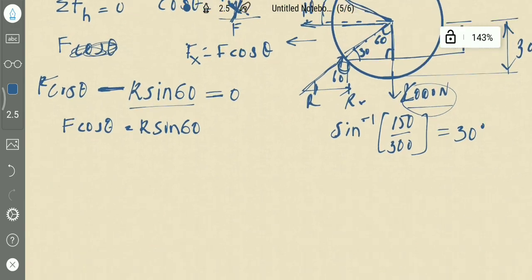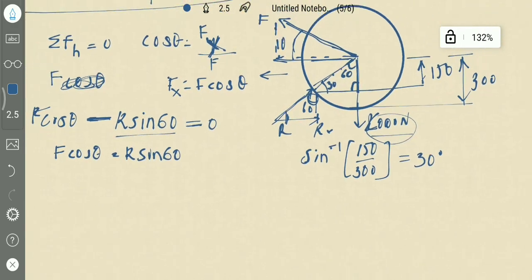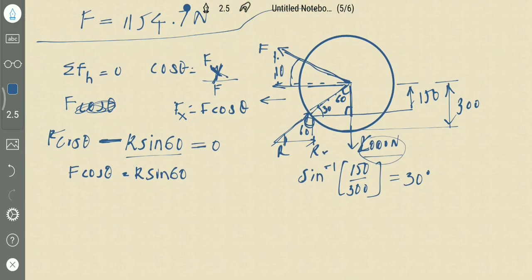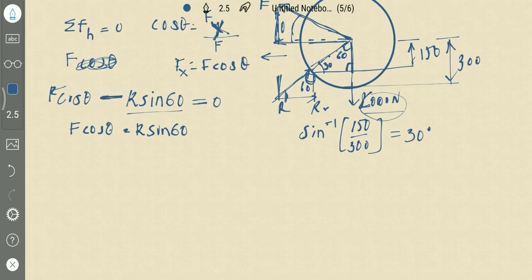And if you consider vertical components of force, this is Fy, and this is Ry. If you consider vertical components, sigma Fv is equal to 0.